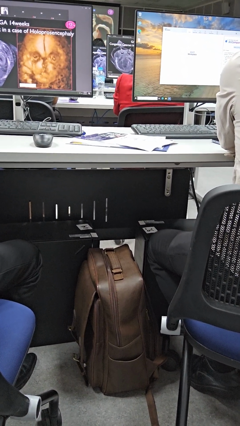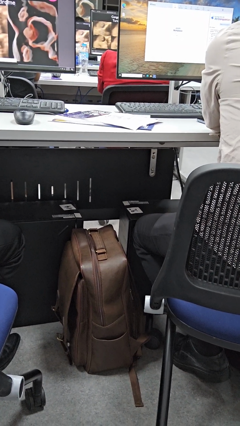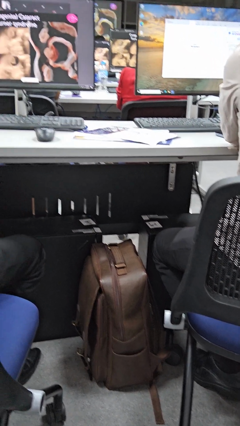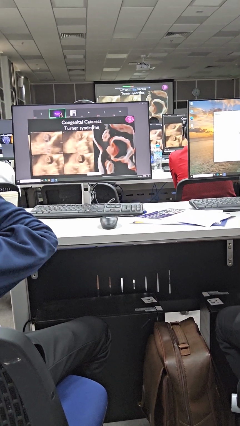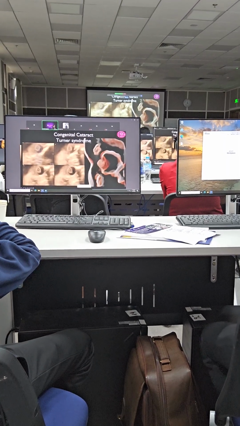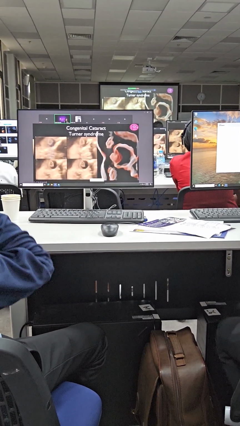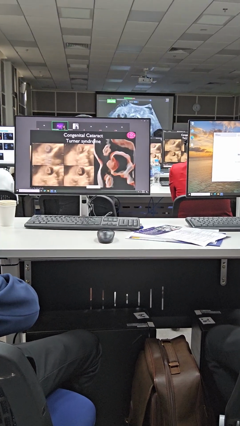And the other one, this is the case of Turner syndrome. At 19 weeks of gestation, there was nothing normal in the brain. However, this baby has a cataract bilaterally.